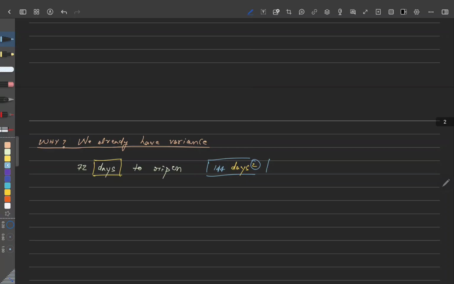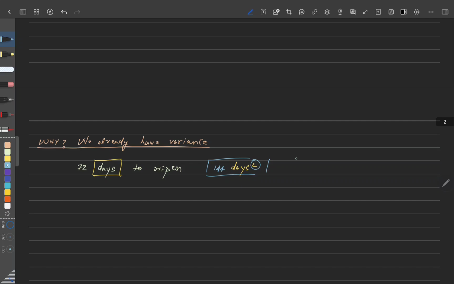We see that a tomato takes 72 days to ripen, but the variance is 144 days square. The only thing it would probably tell you is that the data is spread out too much from the mean, just like we understood while studying variance. But this still doesn't make too much sense individually.